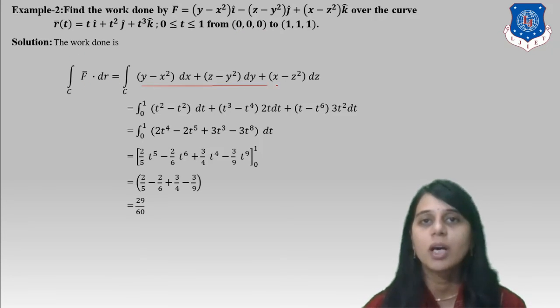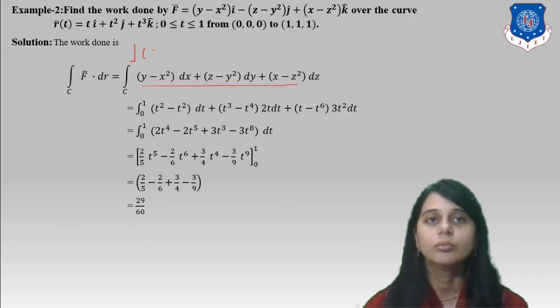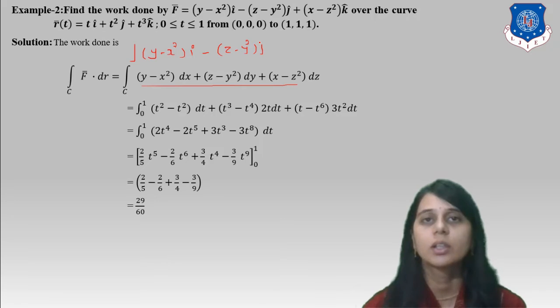We take the function F bar, y minus x square dx, z minus y square dy, x minus z square dz. Why? Because we are taking here y minus x square i caret minus z minus y square j caret plus x minus z square k caret into dx i caret, dy j caret and dz k caret.